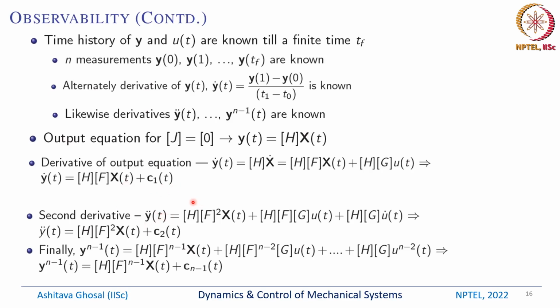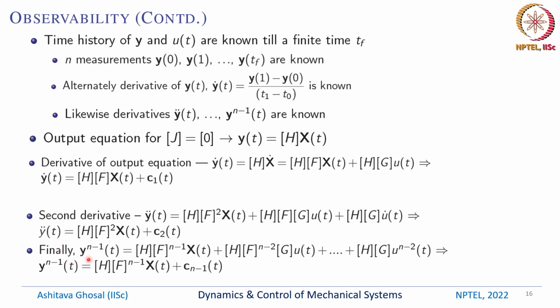From the second derivative also I can write y double dot is h into f square x of t plus h into f into g u of t plus h into g into u dot of t, and again we know what is u dot of t. U dot of t is u of t1 minus u of t0 divided by t1 minus t0. So hence I can write all these terms as some c2 of t. So I have y double dot as h into f square, which is this term, into x of t plus everything else under c2 of t.